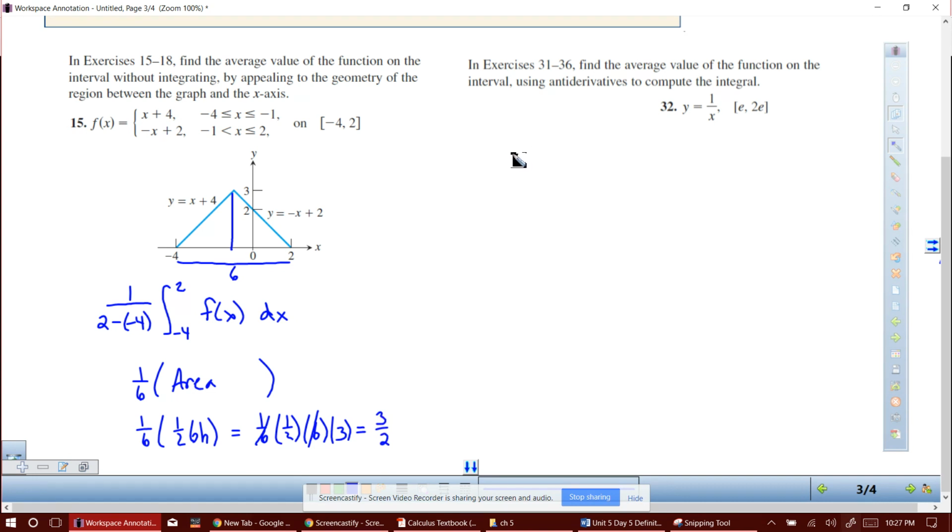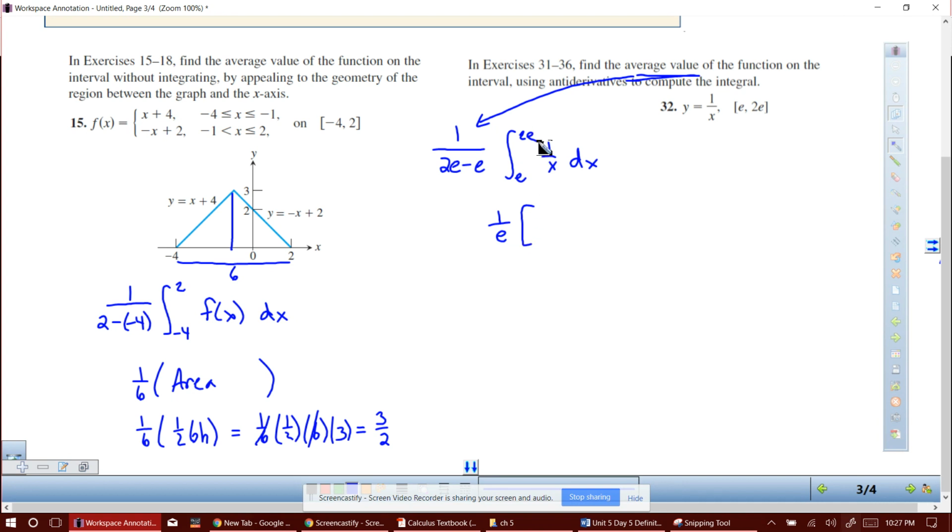Now, in this example, I've got to do my own integral. So I want to do the integral from e to 2e of 1 over x dx. And again, I'm doing the average value. So on the outside, I do 2e minus e, and that will give me the average value. I need that average part on the outside. So that's pretty easy. That's 1 over e. All right.